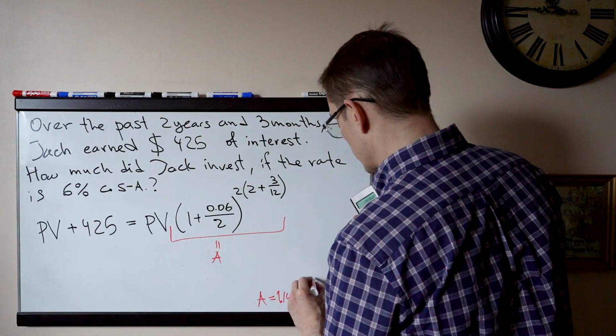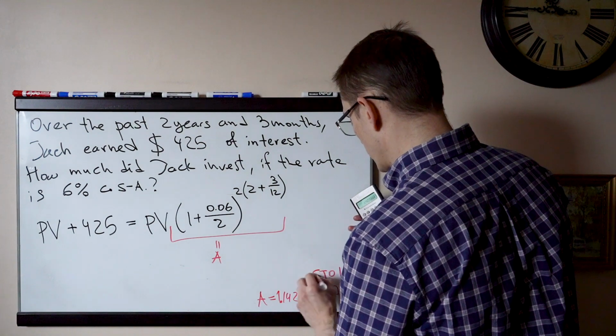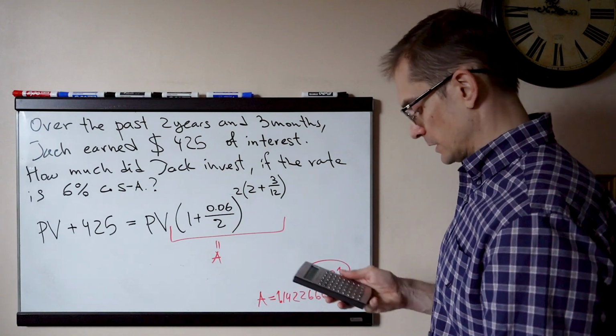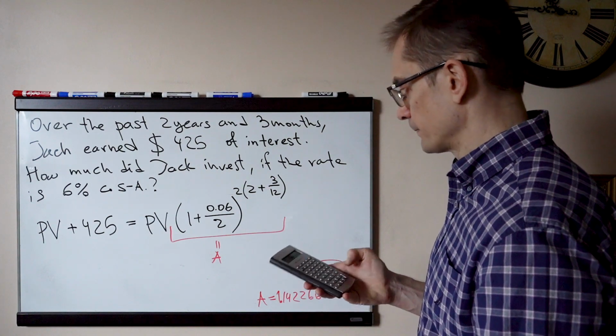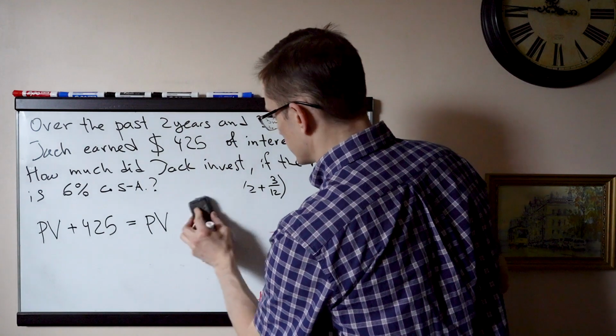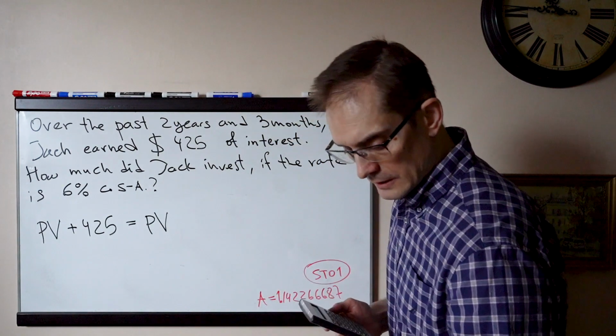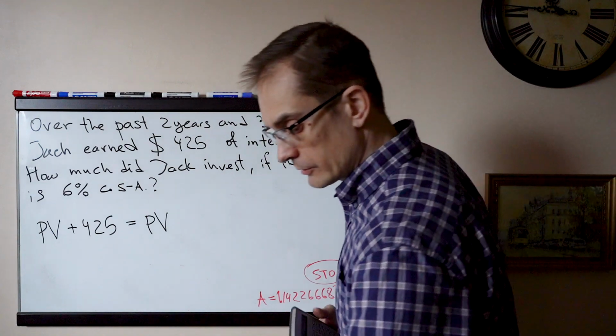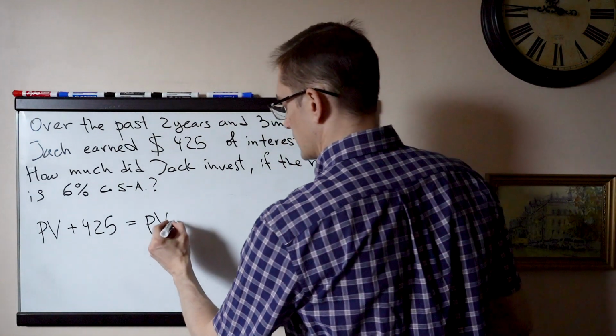So basically, how do you keep it in memory? It's STO 1. So I'll store it in slot 1 in my calculator. And I'll just have to write it like this: present value times A.